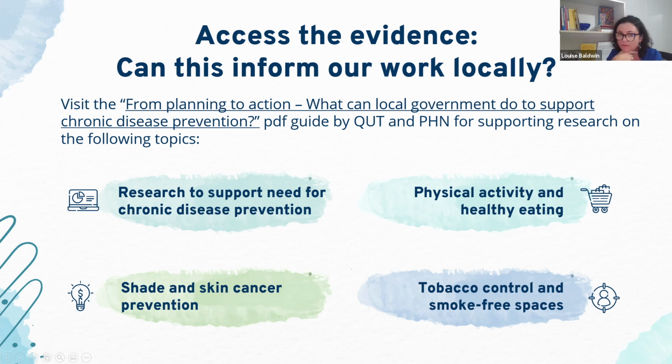Research to support the need for chronic disease prevention. And then we've also provided a series of links that help you engage with action that's already happening or tools and resources that are freely available to Queensland organisations to help address these particular issues.